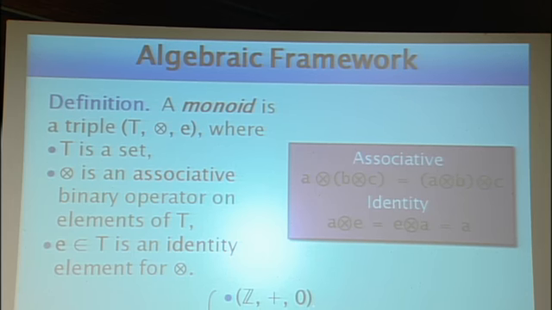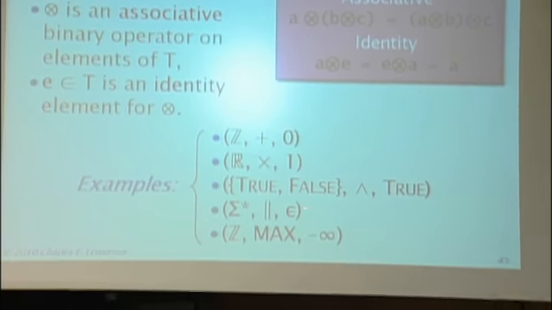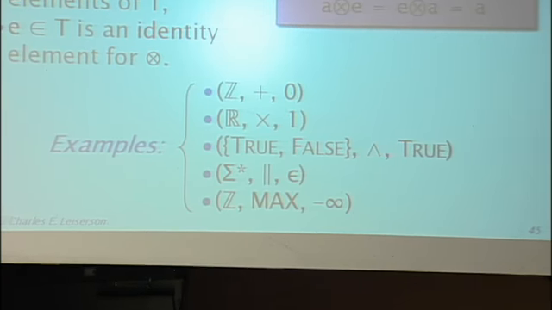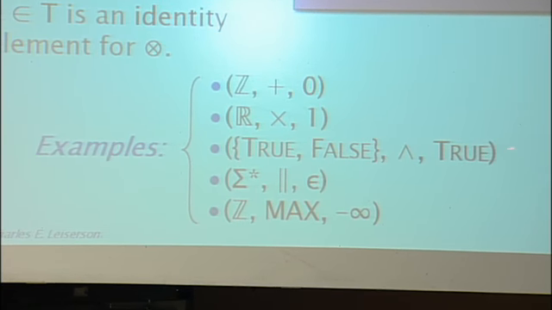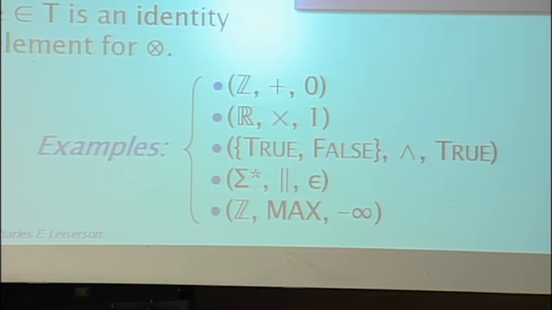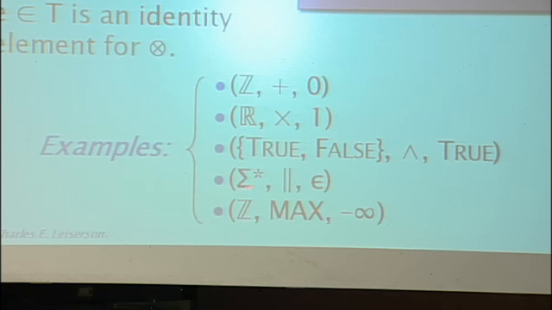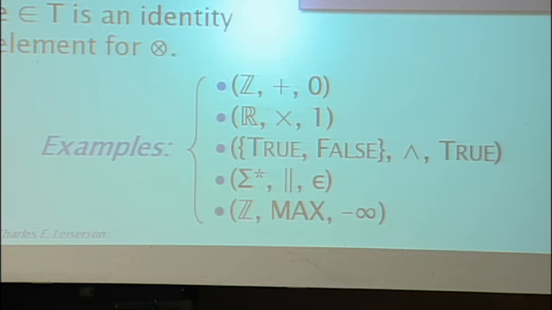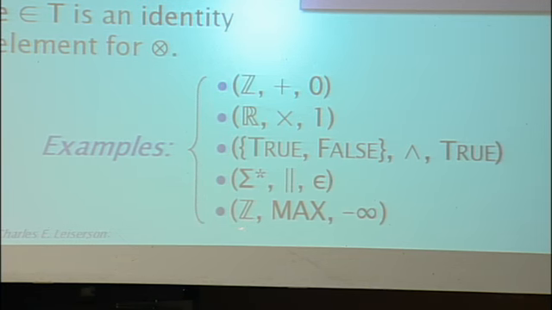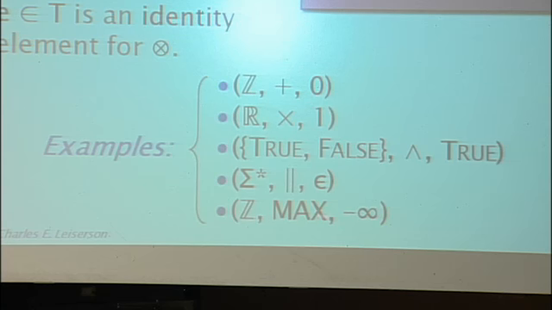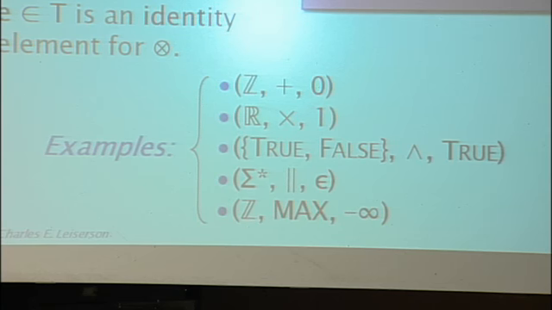Integers with plus and 0, the real numbers with times and 1, the Booleans with and, where true is the identity. Strings over some alphabet with concatenation, where the empty string is the identity. You can do max with minus infinity as the identity, and so forth. And you can come up with your own. It's easy to come up with examples of monoids.